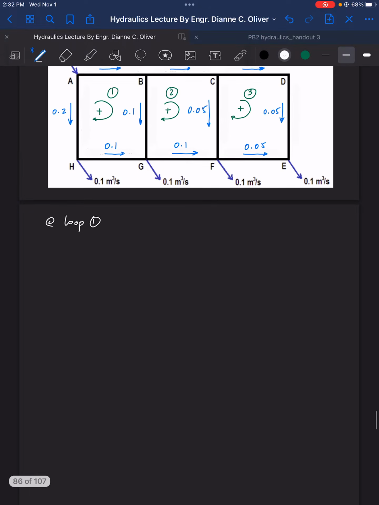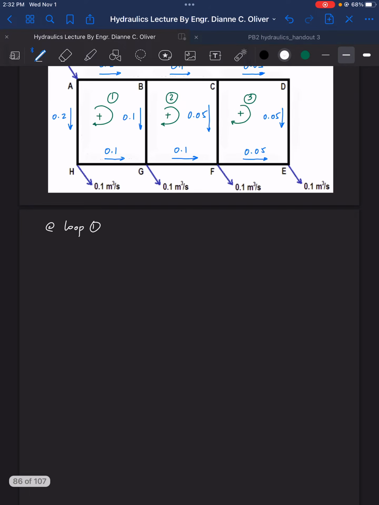For loop 1, the pipes involved here are AB, BG, GH, and AH.